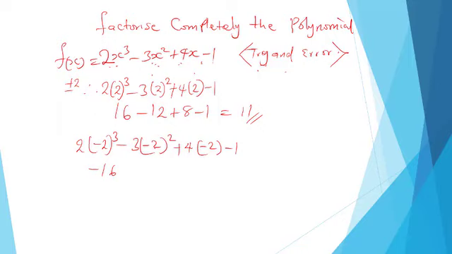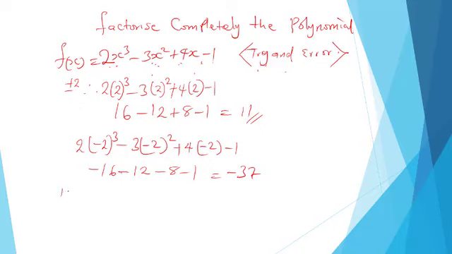Minus 2 squared here will give you 4, 4 times 3 is minus 12. Then 4 times minus 2 is minus 8, minus 1. Everything is minus, so minus 16, minus 12 is minus 28, minus 36, and minus 37 equals minus 37. So none of these numbers happen to be a factor.